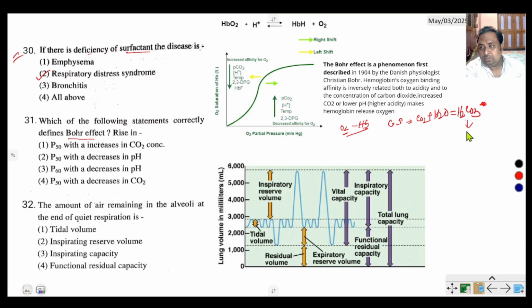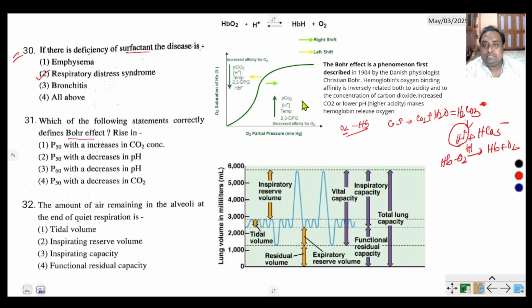Then H2CO3 breaks into H plus and HCO3 minus. This acidic condition breaks down HbO2 into Hb plus H plus and O2. O2 is released from hemoglobin.